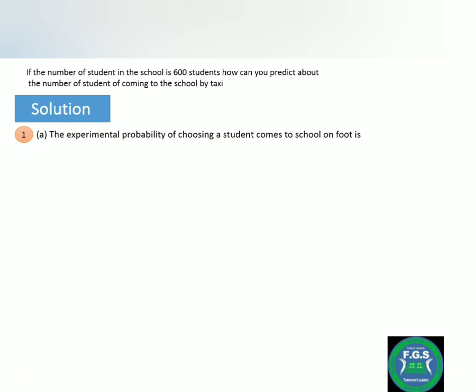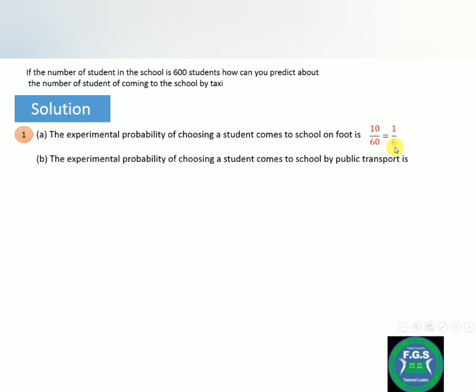Number A, the experimental probability of choosing a student who comes to school on foot is 10 over 60, equal to 1 over 6.